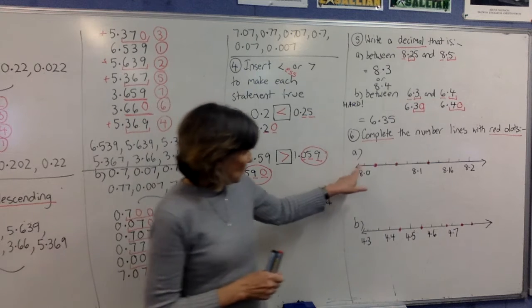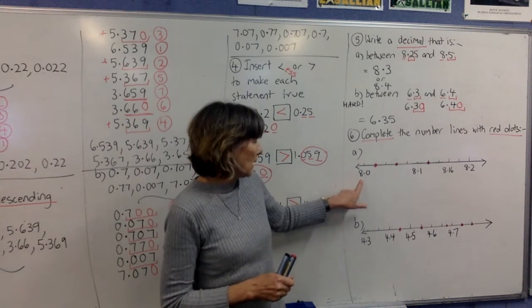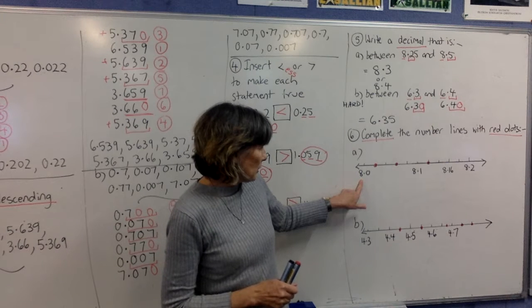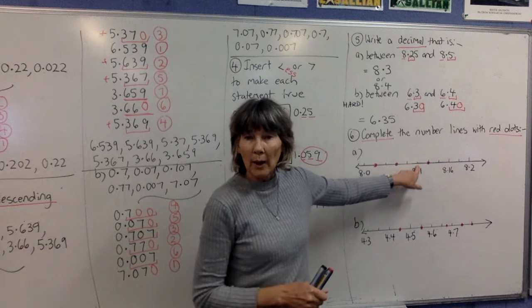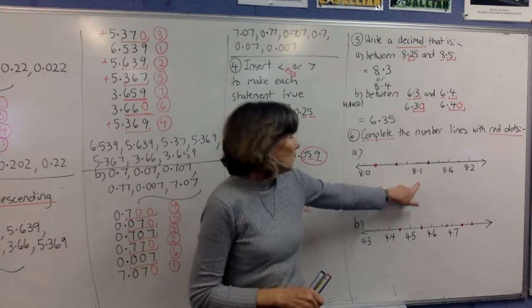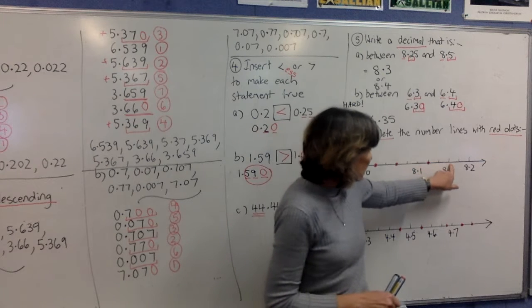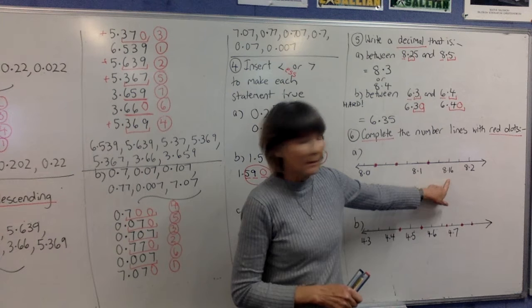And then you're going to put 8.0 underneath the first mark. Then you're going to count across. Second, third, fourth, fifth. Under the sixth one, you're going to write 8.1. Seventh, eighth. Under the ninth one, you're going to write 8.16.